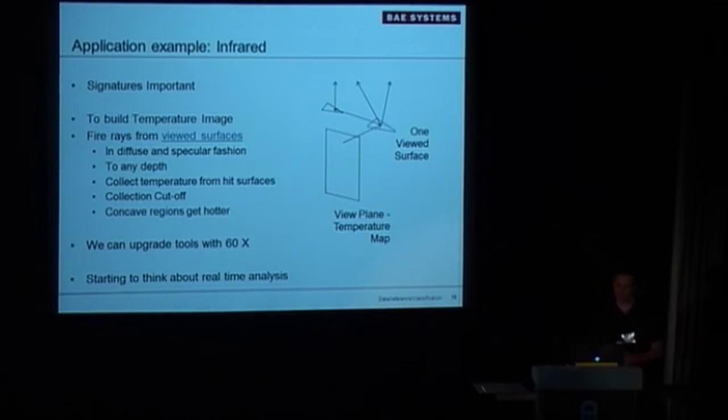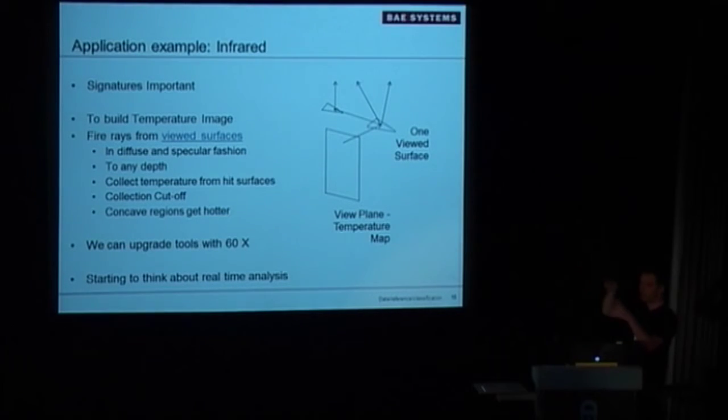All right, some examples. Infrared signatures. To build a temperature map, we fire rays out from our image plane. They hit a patch. From that patch, we then fire a diffusive ray and a specular ray. We might fire the diffusive ray hundreds of times.